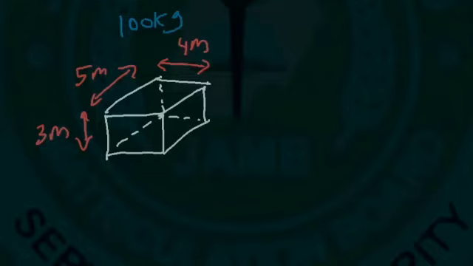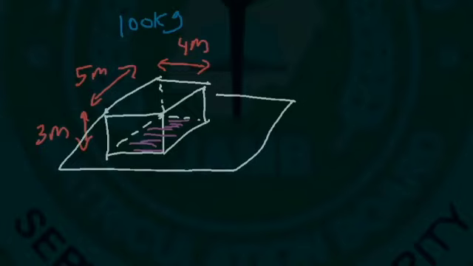Now, what is the pressure exerted by the box at the ground below? So let's say the box is on this horizontal surface. What is the pressure exerted in this shaded region?